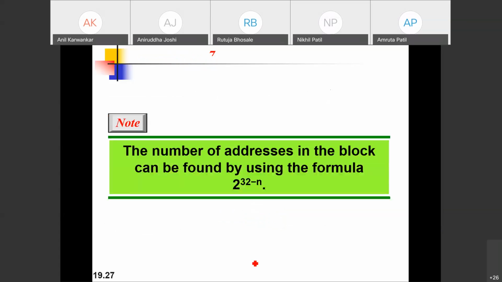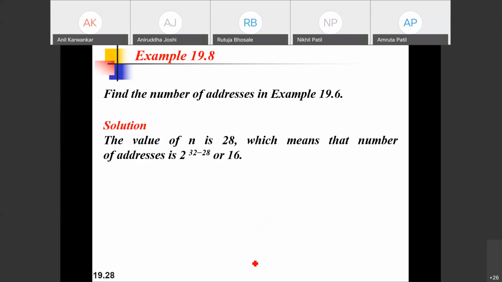The number of addresses in the block can be found using the formula 2 raised to 32 minus n. The value of n is 28, so 2 raised to 32 minus 28 is 16.